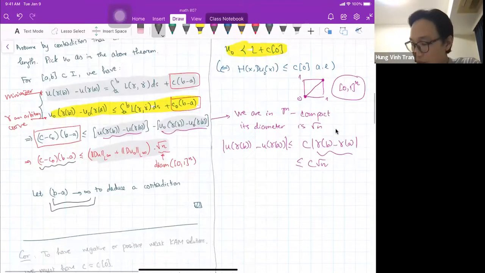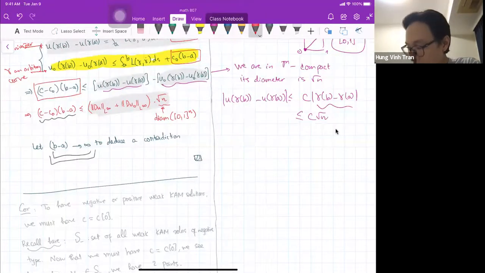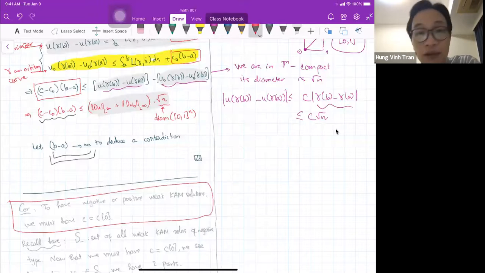Okay, so this is exactly the corollary, the important corollary. I'm putting a red box around it now.